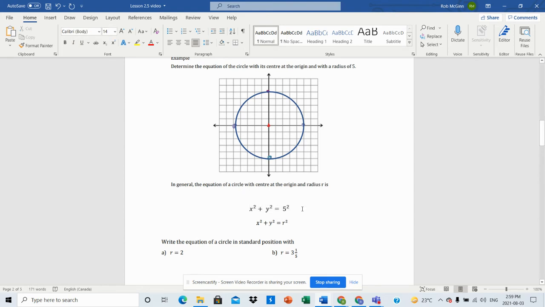So we don't leave our equation like this. The x squared plus y squared tells us that the center is at 0, 0. But normally we complete the squaring operation of the radius.